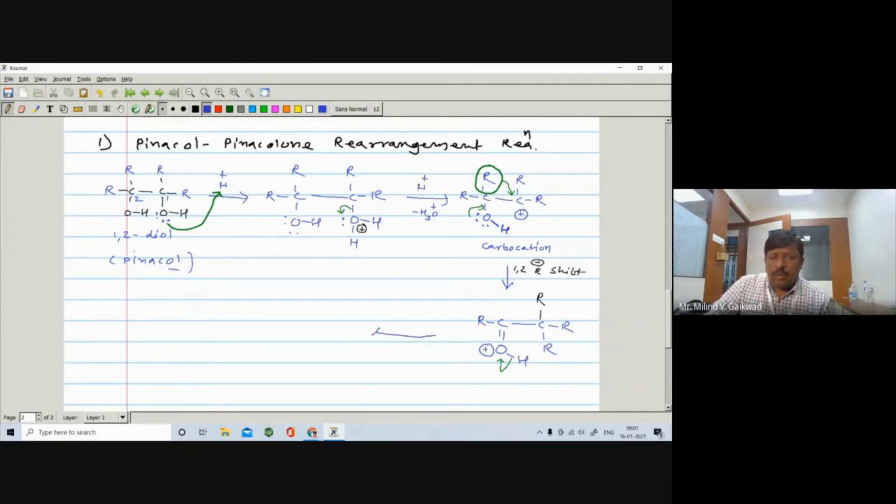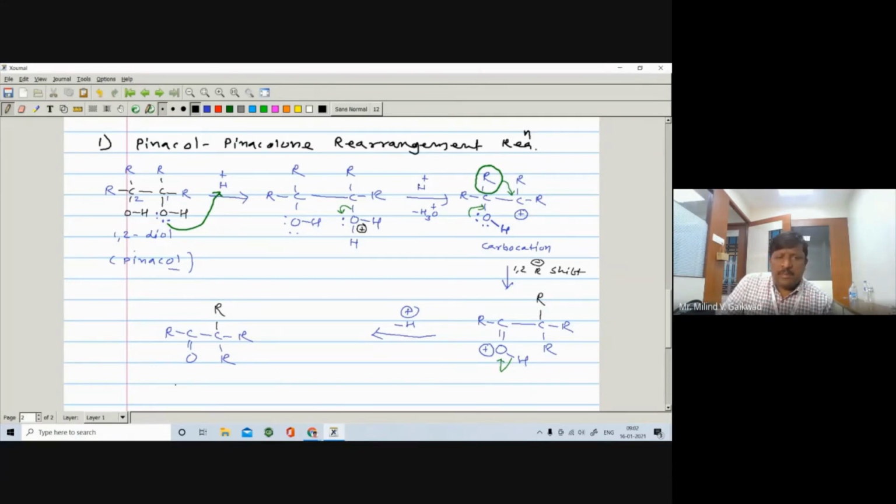So you have to remove the H plus catalyst, H plus acid, and you are getting the corresponding compound, that is R, C, here is a double bond O, here is a C, here is R already, here is R already, and this R has migrated, meaning there is a reshuffling of the carbon skeleton.